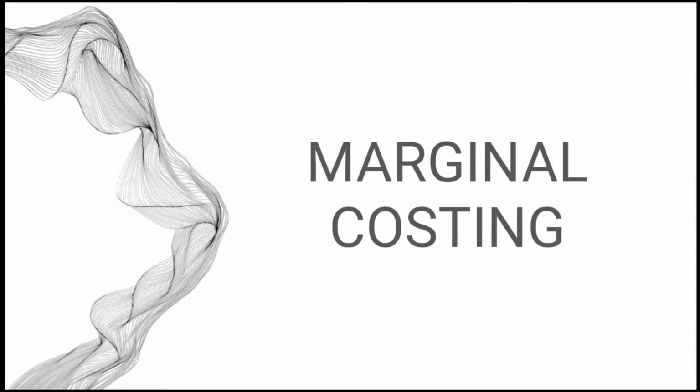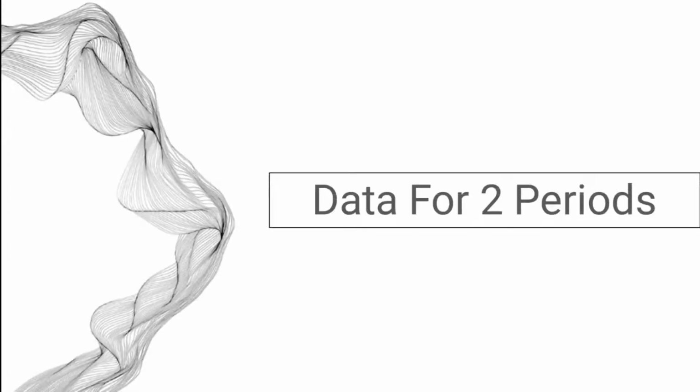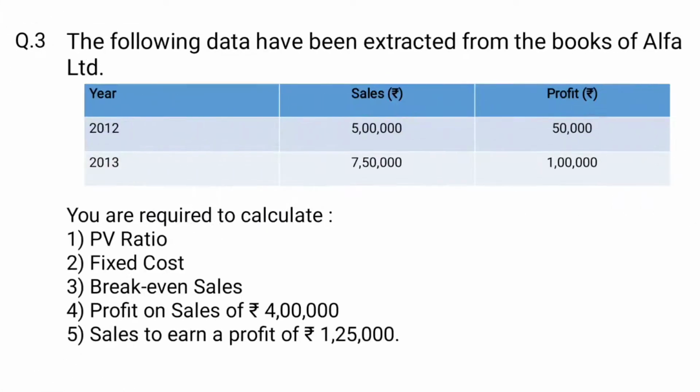So today I'll be teaching marginal costing. Data for 2 periods. So let us start with question number 3. The following data have been extracted from the books of Alpha Limited.